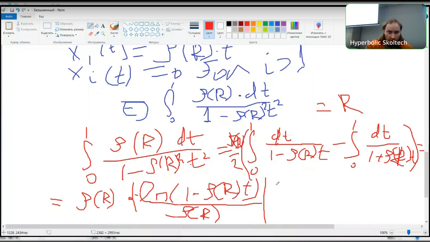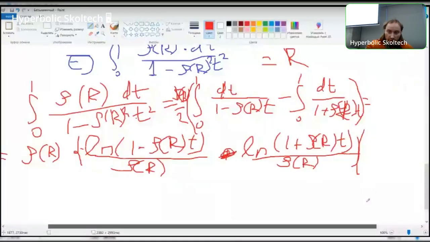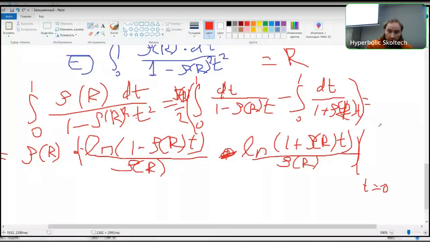Limits of integration will be put somewhat later, plus, minus logarithm of 1 plus rho of r t divided by this constant rho of r. And limits are from t equals 0 to t equals 1.